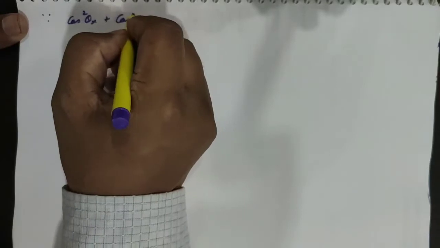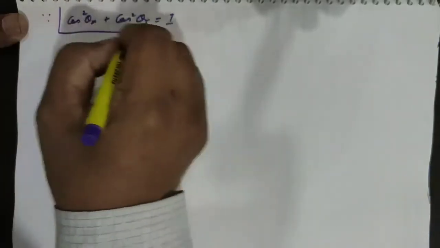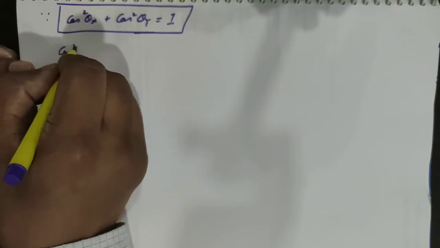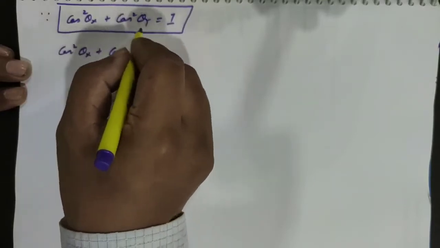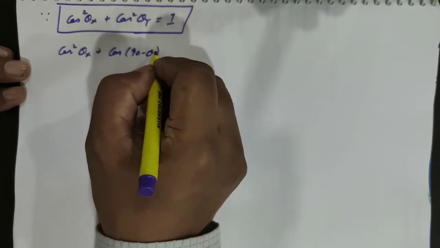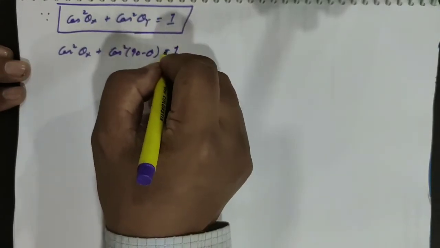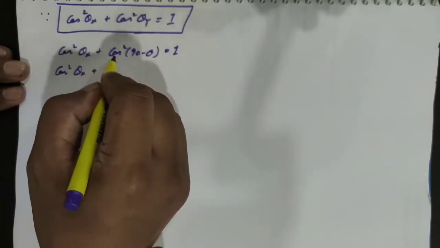The value of cos squared theta x plus cos squared theta y is equal to 1. How does it happen? Cos theta y was cos of 90 minus theta, which is sin theta.